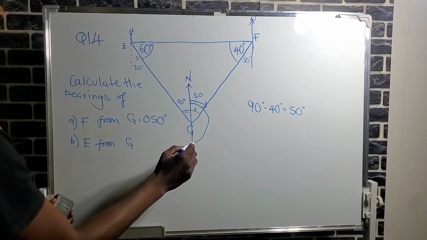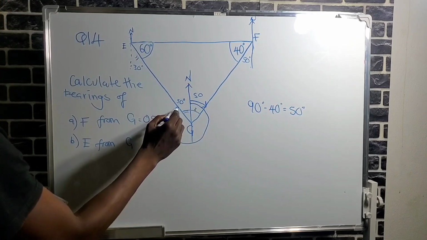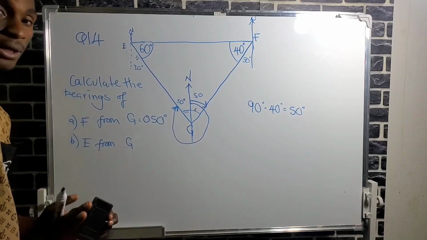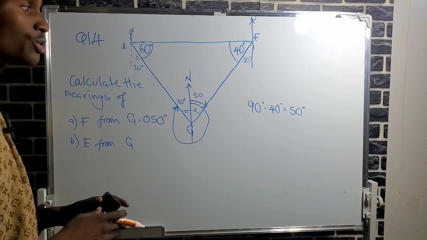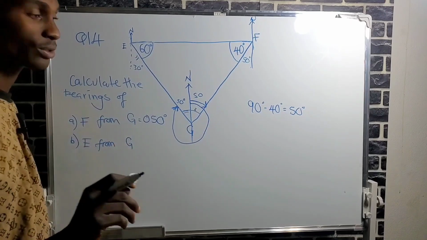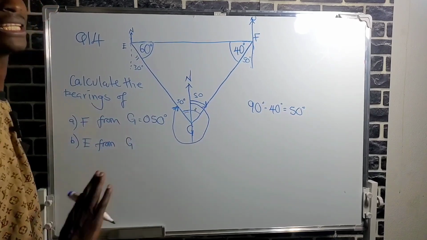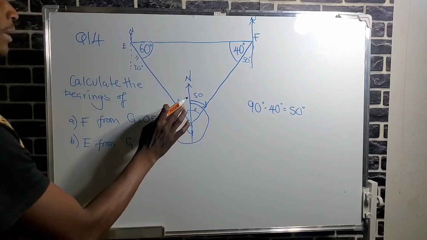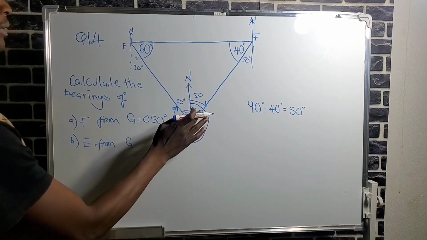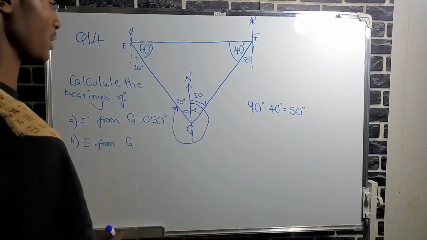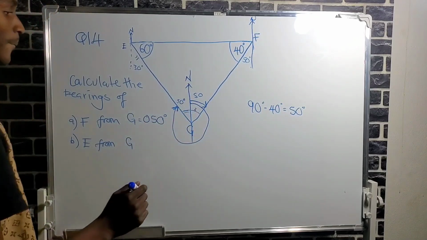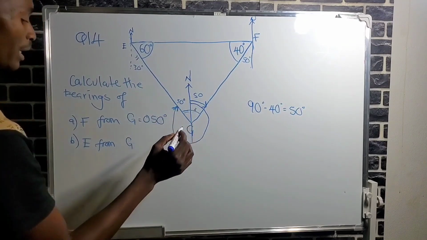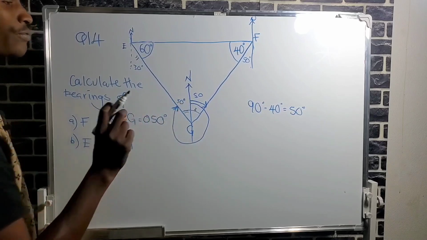We're going to go like this up to the line connecting E and G. What we solved earlier has helped us to solve the second one easily, because we've already calculated the value of this smaller angle and also a complete angle, which is 80. So from here up to here, we don't know.